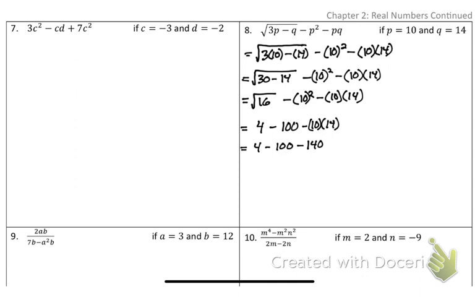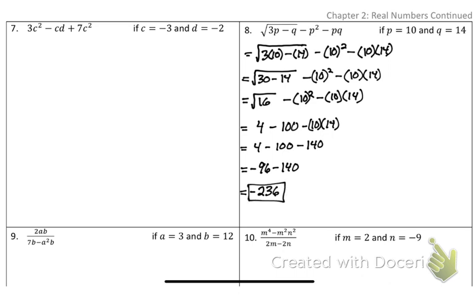So now I have 4 minus 100. We got to do that first. 4 minus 100 is a negative 96 minus 140. And negative 96 minus 140, I'll give you a second to... Negative 96 minus 140, which is negative 236. Negative 236 is the correct answer.